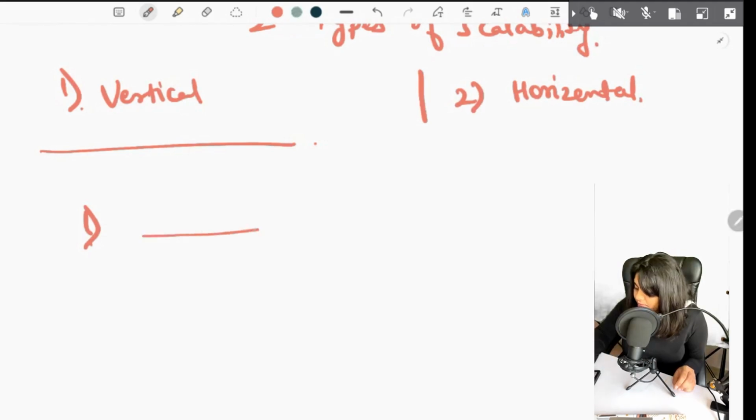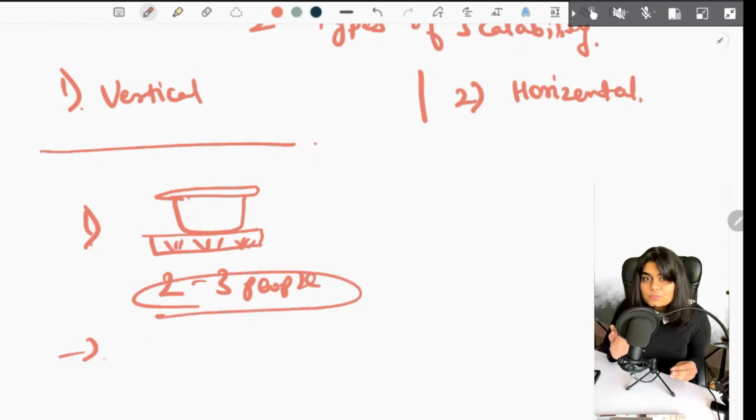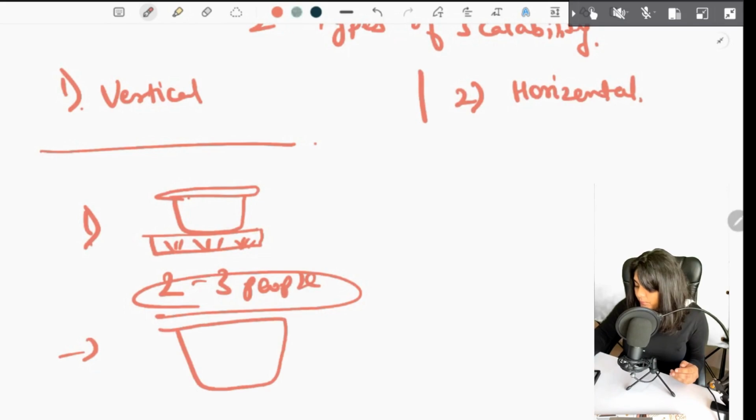Okay, so if you are making tea for 2 to 3 people, imagine this is your pot and this is the flame of the gas. So it is simple to manage. But by chance more guests come over to your place, maybe for example 25 to 30. So how will you do that? Maybe you will increase the size of the pot and increase the gas flame.